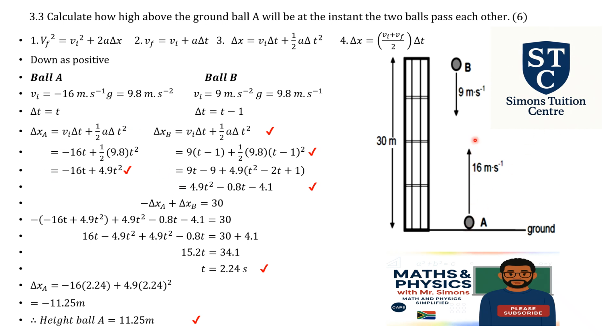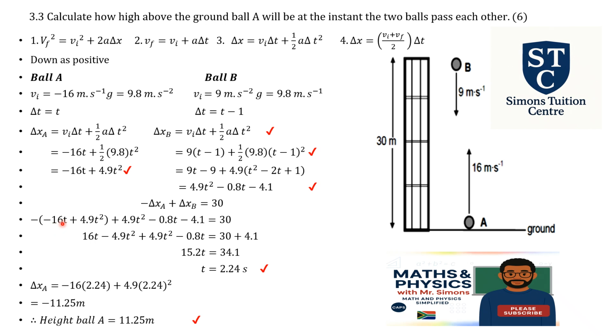After these two travel and they meet each other, collectively they would have traveled 30 meters. Therefore I can say the distance of A plus the distance of B must equal 30 meters. However, take note, A is moving up, so it is negative, B is moving down, therefore positive. So negative change in the distance of A plus the change in distance of B equals 30. That becomes negative, in brackets, negative 16t plus 4,9t squared, plus 4,9t squared minus 0,8t minus 4,1 equals 30.